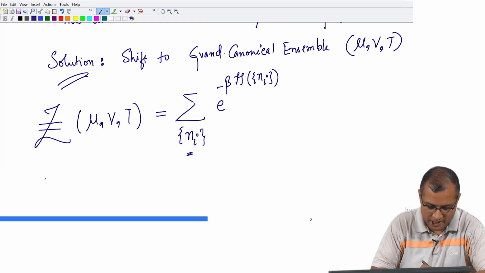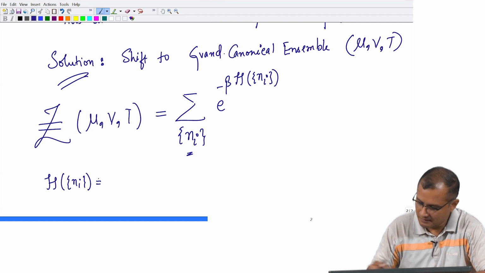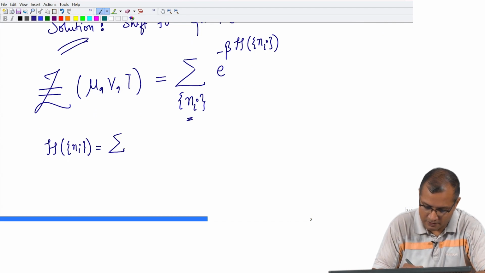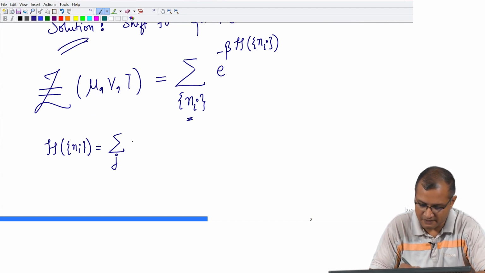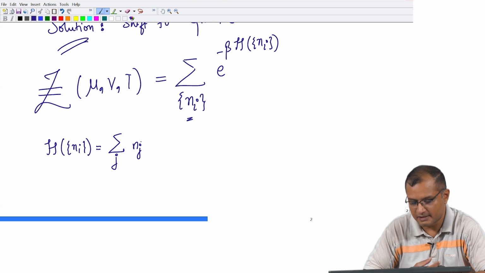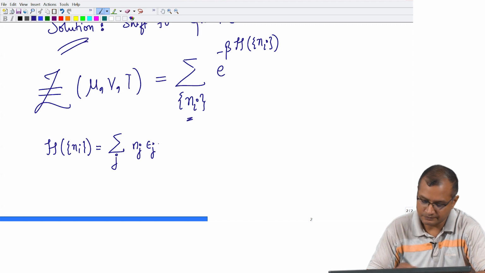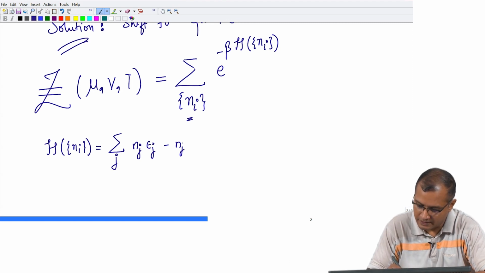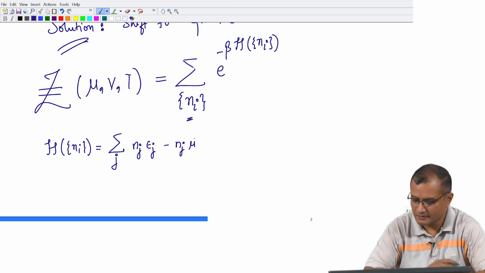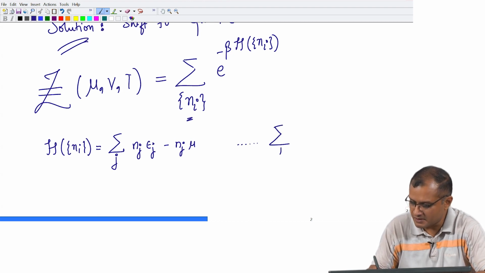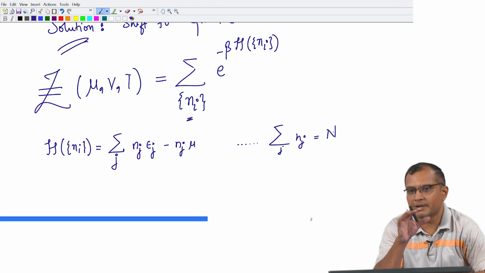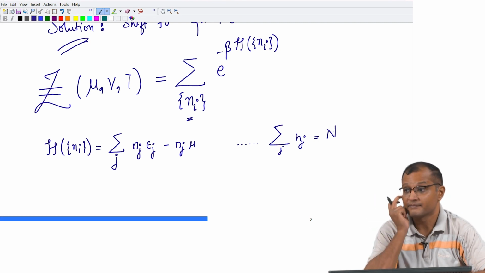Now, the Hamiltonian of the microstate in the grand canonical ensemble is nothing but a summation over all the energy levels of Nj, the number of particles sitting in that level, multiplied by the energy of that level, minus Nj times the chemical potential, because we have taken the summation of Nj as n for that particular microstate, because n itself is now changing.